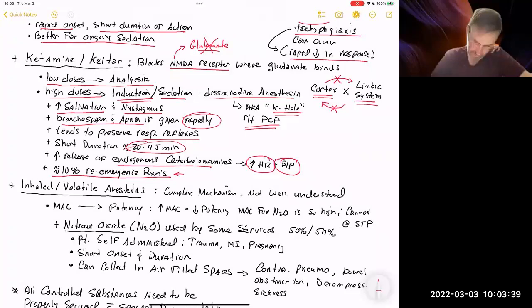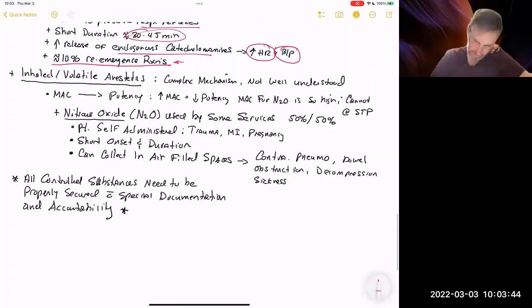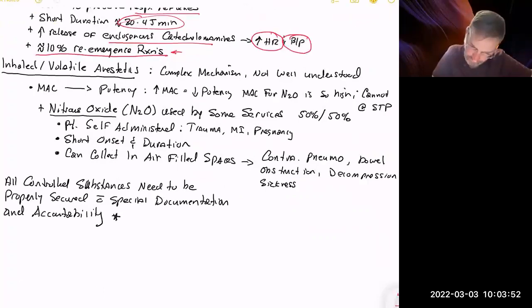All right, I'll also talk a little bit about the inhaled or volatile anesthetics. The mechanism by which these inhaled gases work is pretty complicated, and frankly, it's not well understood.